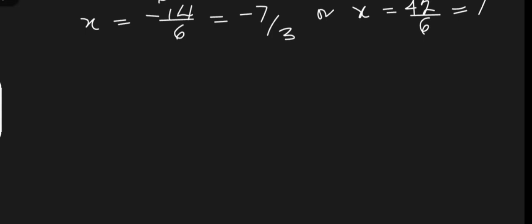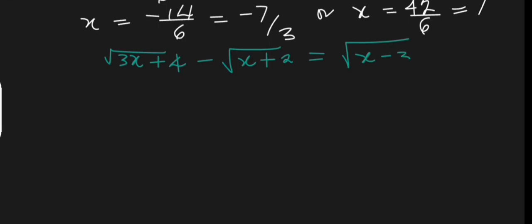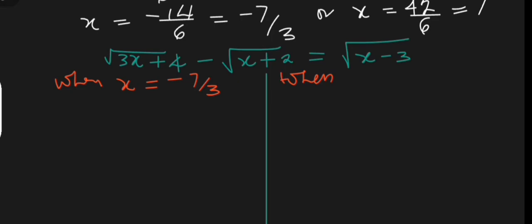The original equation is the square root of 3x plus 4 minus the square root of x plus 2, and that's equal to the square root of x minus 3. So we're checking when x is negative 7 over 3, and when x is positive 7.